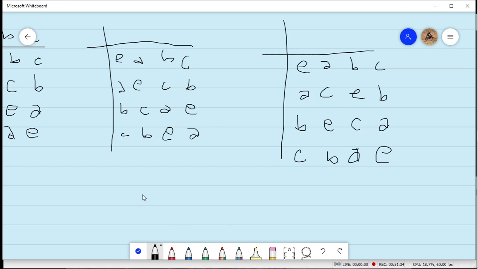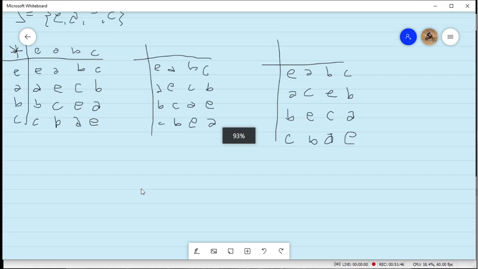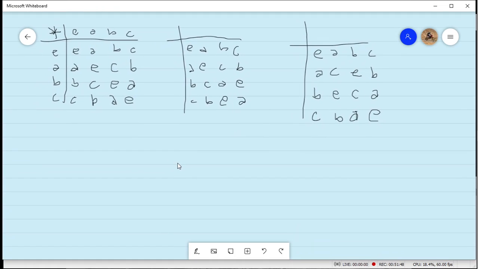Okay, so far, we have found 3 possible operation tables that may describe a group structure. Actually, we can still find more.